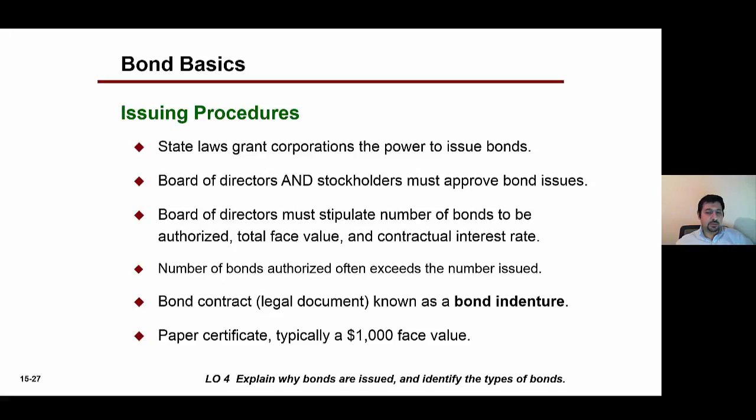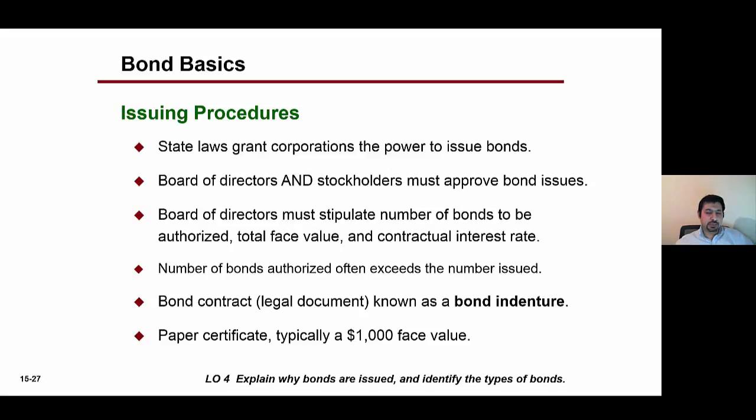Most of the time, this number of issued bonds is lower than the authorized number of bonds. The reason is that the board of directors will take into consideration future needs of the company, so they will authorize a higher number of bonds that would take future needs into consideration as well.